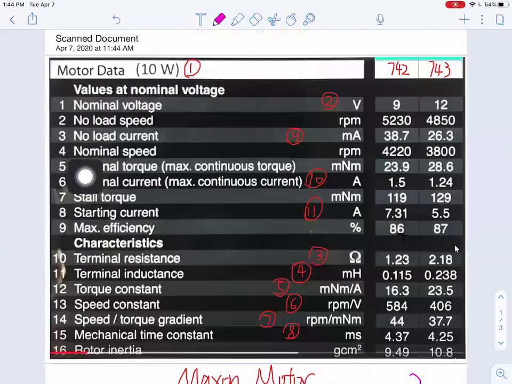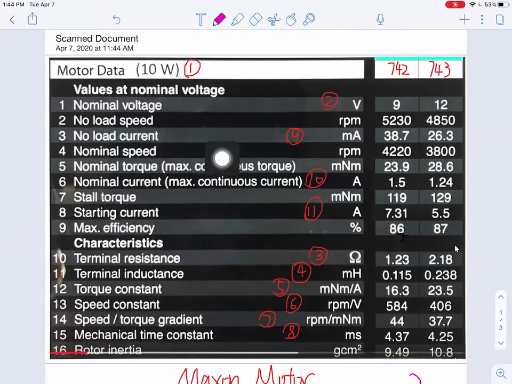Okay, here is something maybe interesting to you. If you look at this no-load current, that's in milliamp, around 30 something for this one and 26 something for the other. So if there's no load, why is the current not 0?